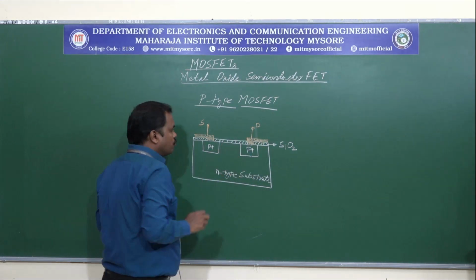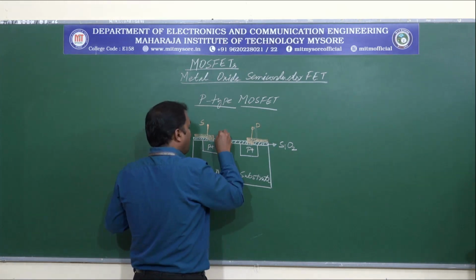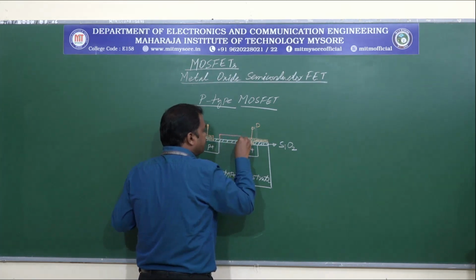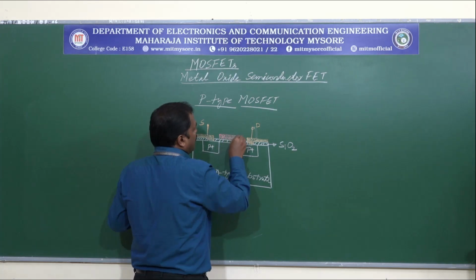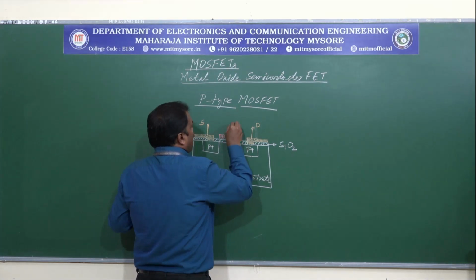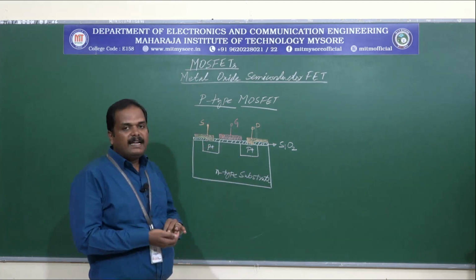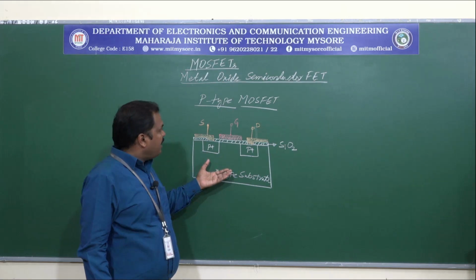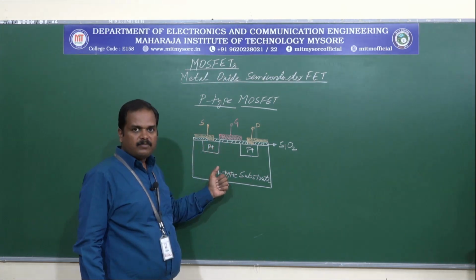and between these two source and drain regions will deposit a layer of polycrystalline silicon and this will be working as gate region. So this is the construction of P-type enhancement mode MOSFET, right.